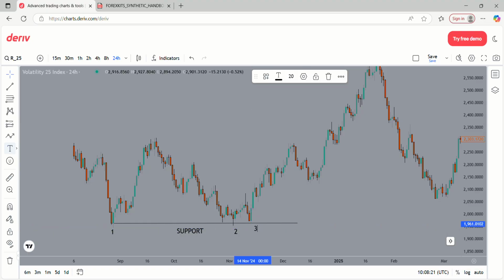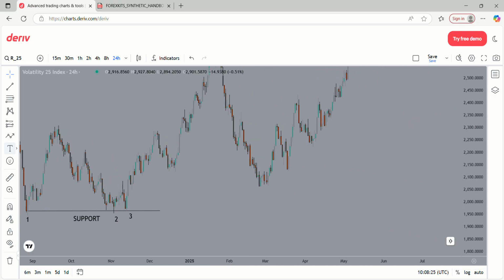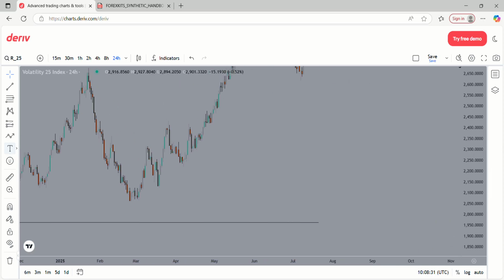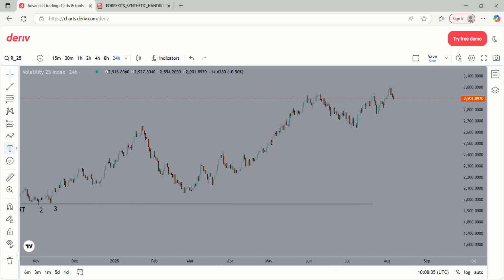So it has three touches. In the future, the market can still come back to this area, right? So this is a support level.